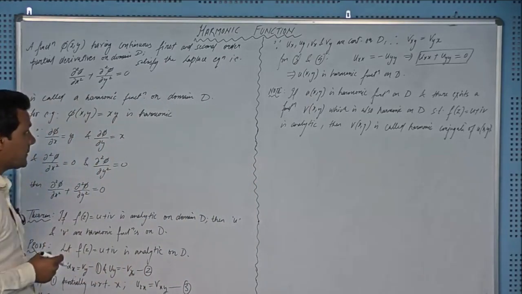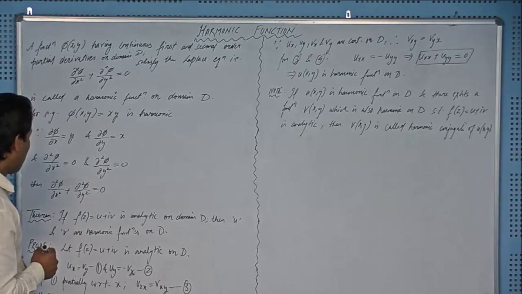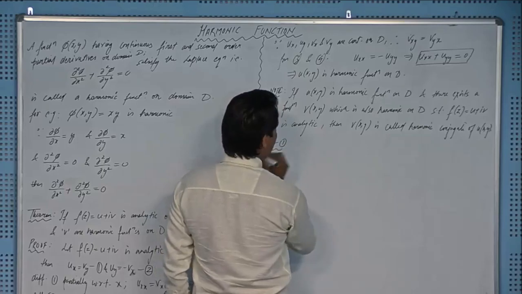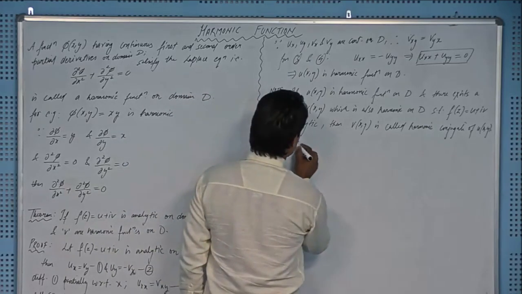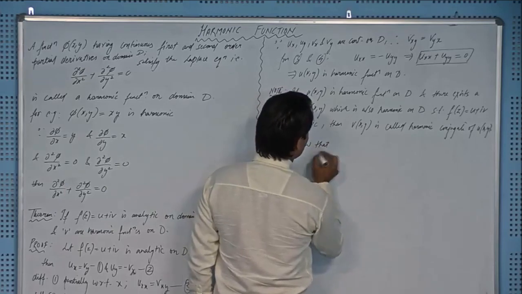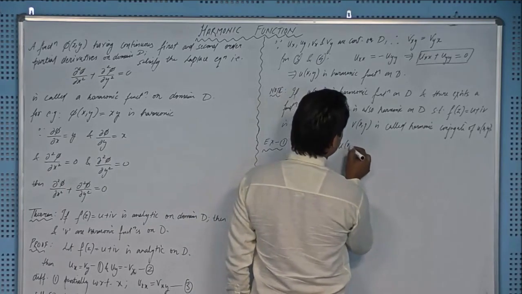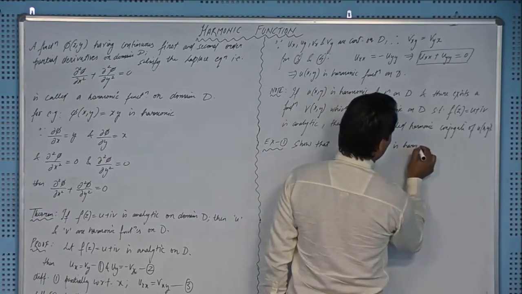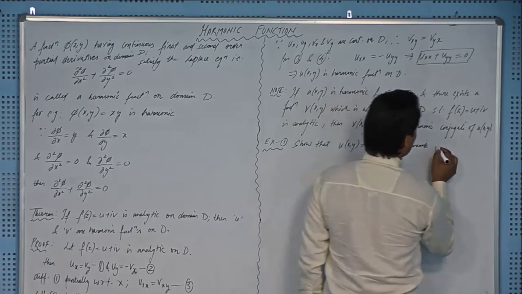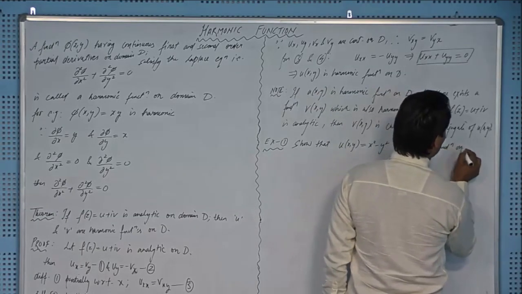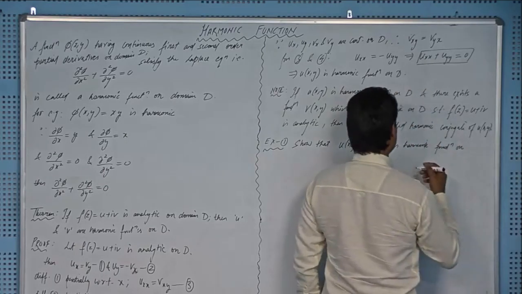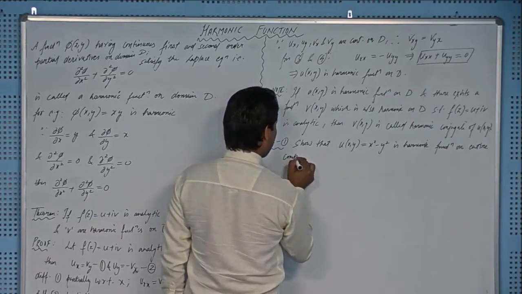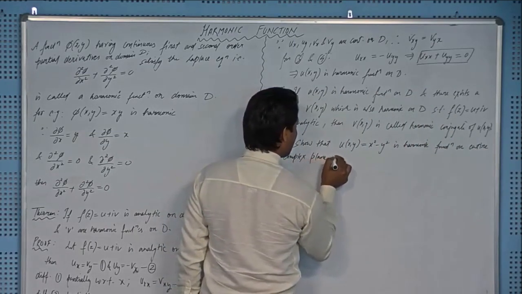First I will take the simplest example. Example number 1. Show that u(x,y) equal to x square minus y square is a harmonic function on the whole complex plane C, right?